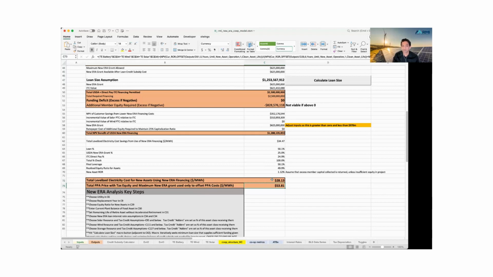But we generally are finding that in this case, ownership really does make a lot of sense for a lot of cooperatives, in many, many different circumstances, particularly when coupled with the value being provided by the New Era program, and that you can maximize the value of the New Era program in particular by taking advantage of the grants, taking advantage of the possibility of ownership in particular relative to purchasing the same portfolio of assets through a PPA.